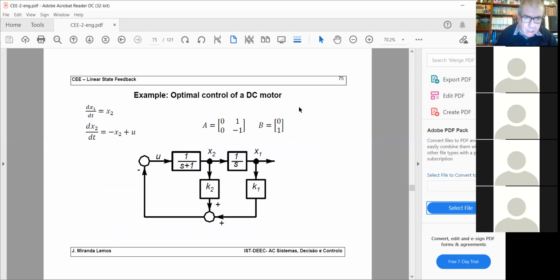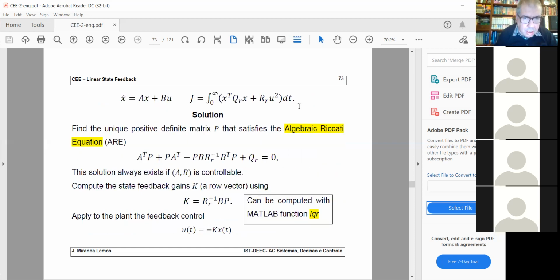In your lab work, I'm giving you the A and B, and you have a regulation problem. So the pendulum is not exactly equilibrated, and you want to drive it to the equilibrium. Okay, equilibrium means x equal to 0 because x corresponds to the increments with respect to the equilibrium point. And knowing A and B, you can apply this technique to find K, okay, and to design a state feedback.